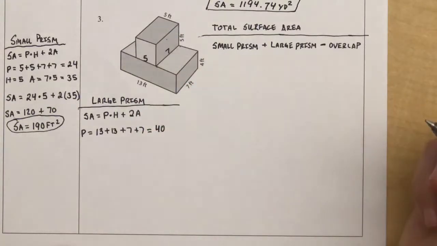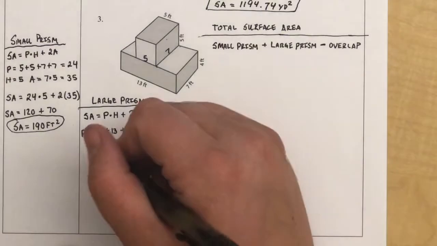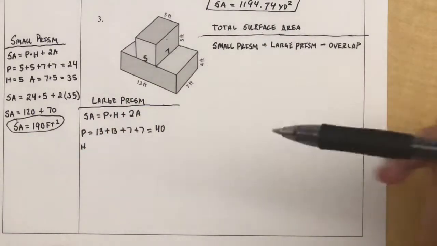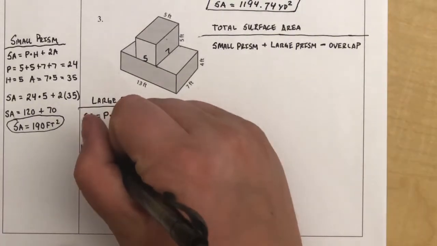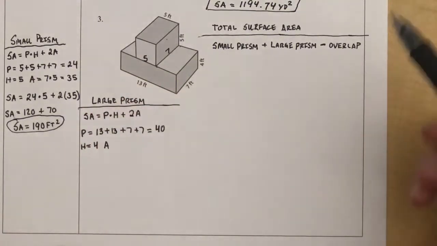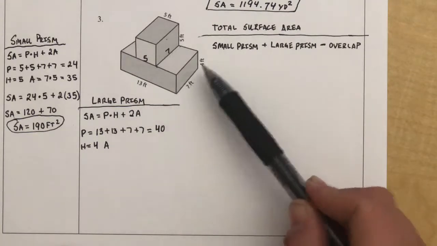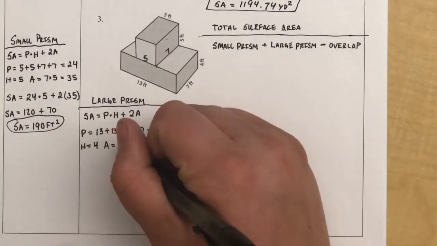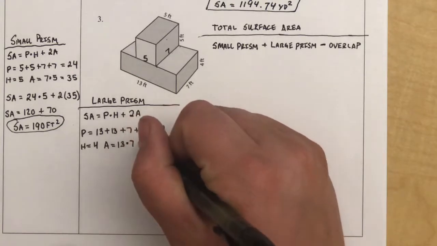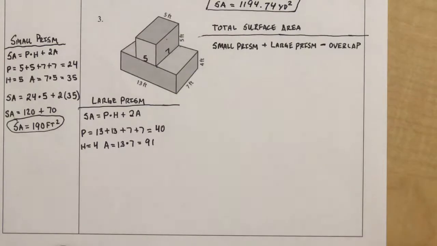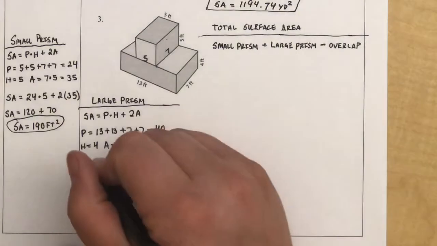The height of this is going to be 4. And the area is length times width. The length of this base is 13. The width is 7. So this is 13 times 7, which is going to be 91. So I have everything I need.